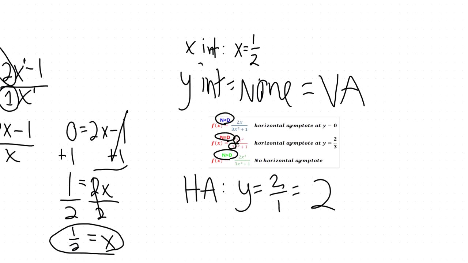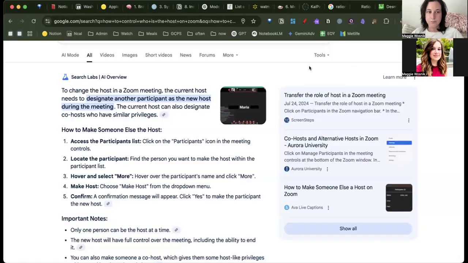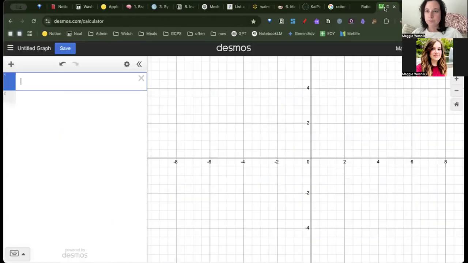So now, let's screen share. All right, let's type in our problem. Here's how you would type it into Desmos.